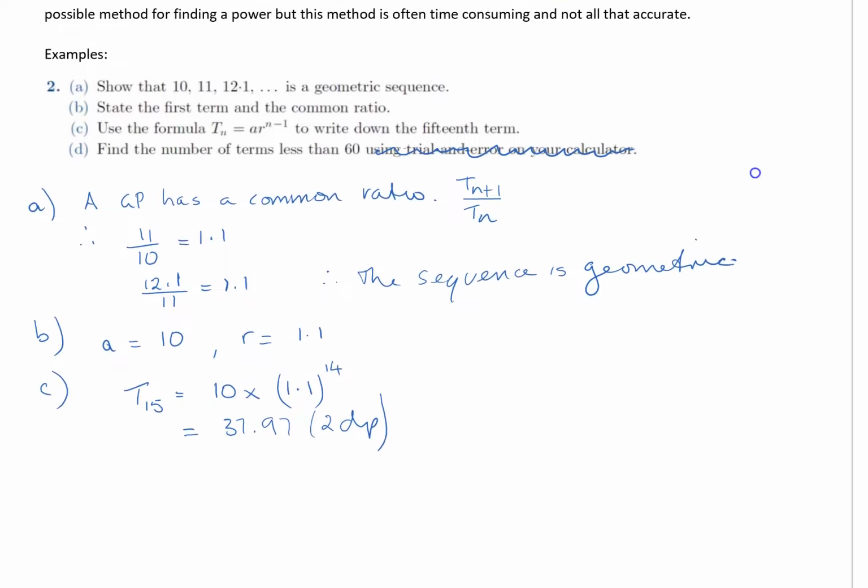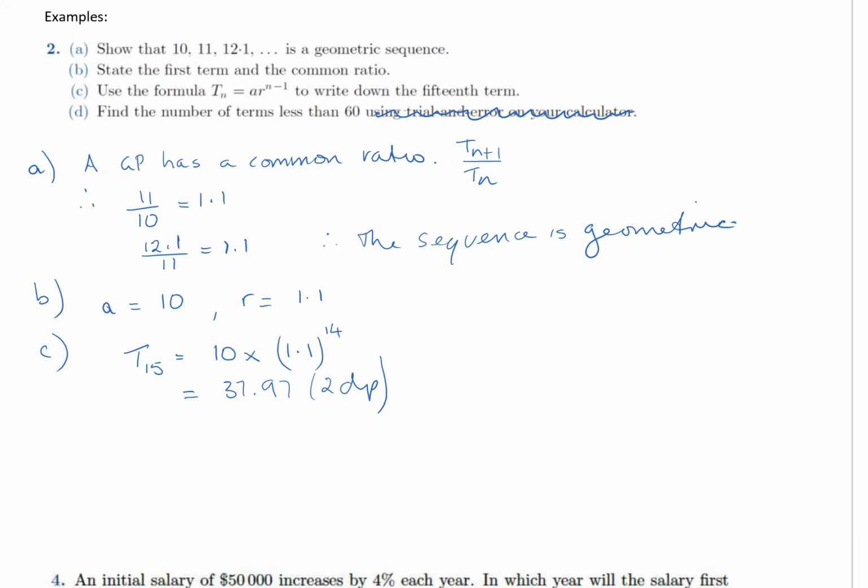Okay, D is by far the more common style of question you'll get. It says, find the number of terms. Obviously, n is the power. We're finding the n. We're solving for a power. We use logs. For find the number of terms less than 60.